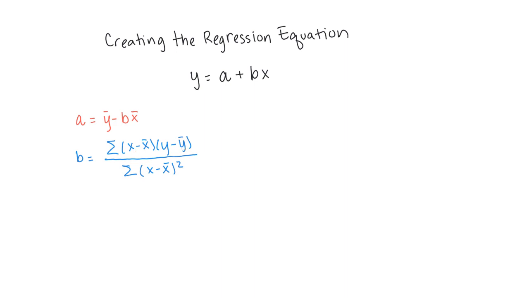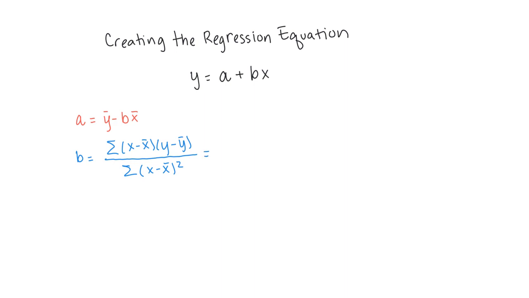And so you multiply each of those x and y combos together for all of these data values, and then you add them, you sum them up. Once you have that sum, you divide by the sum of, again, all of the difference of each x with the x average squared. That's how you calculate b. So it takes a lot of time. So hopefully you're not surprised to hear that we'll definitely be using technology to evaluate this number.